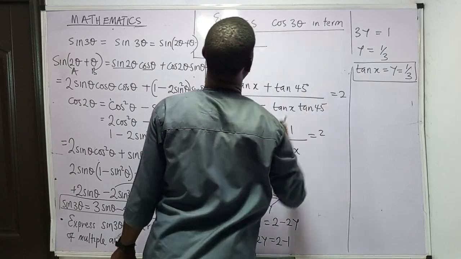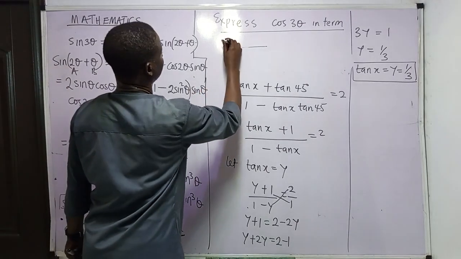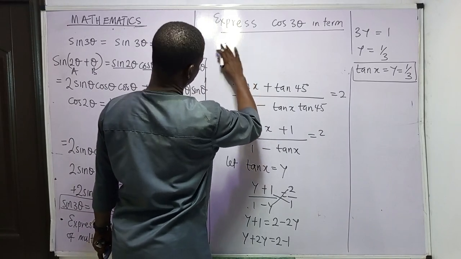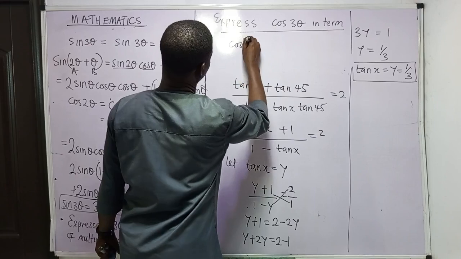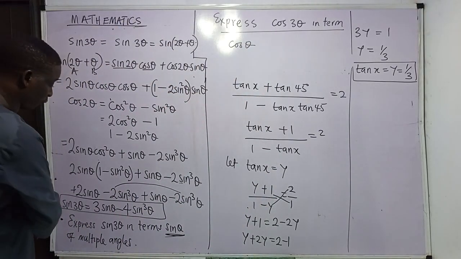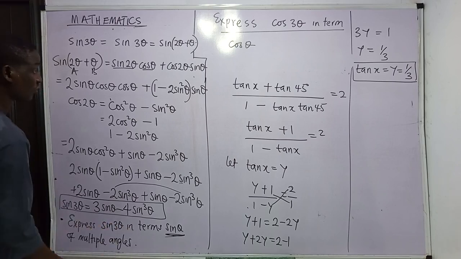Just do it like this. Or in terms of multiple of what? Let's just leave it in terms of cos theta. Because this one is supposed to be: express sine 3 theta in terms of multiple of cosine theta. Yeah, so that's how the question should be like.